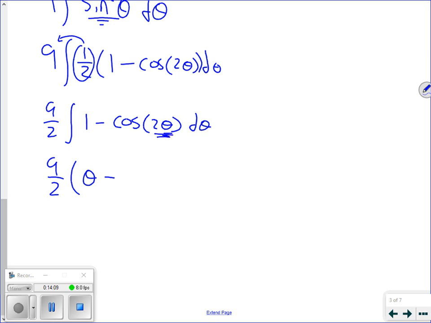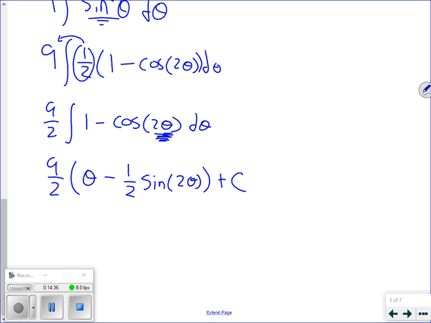Remember, with 2 theta, it's going to come out as a 1/2. So just go ahead and write that 1/2 on the outside. We're taking care of that 2 theta. And the integral of cosine is sine. So I'm going to put sine of 2 theta. And then plus c.